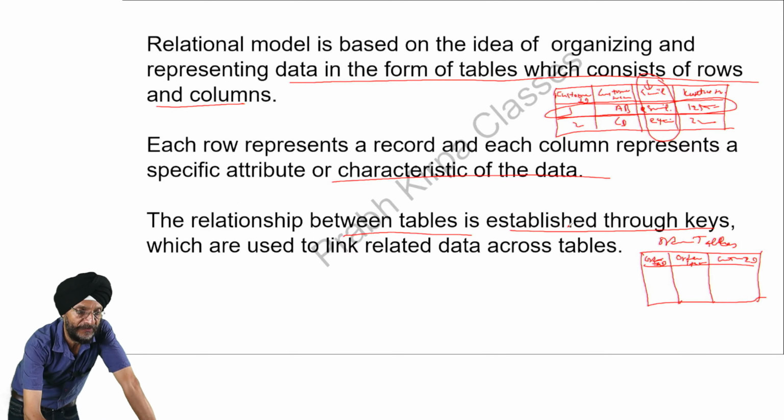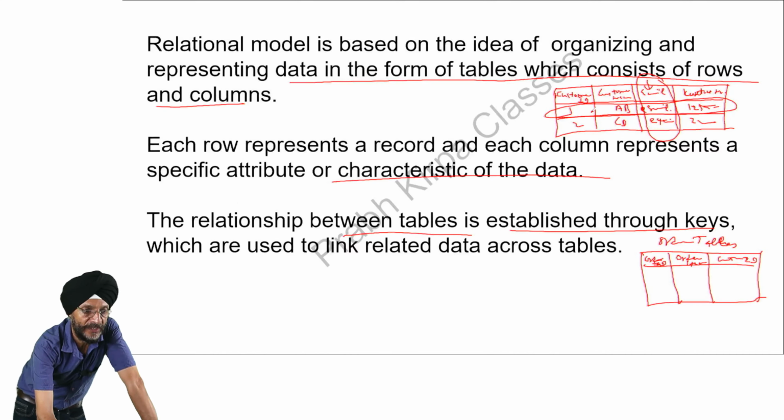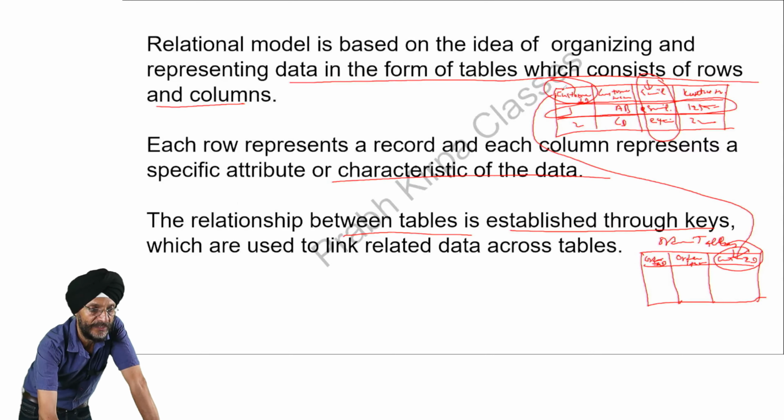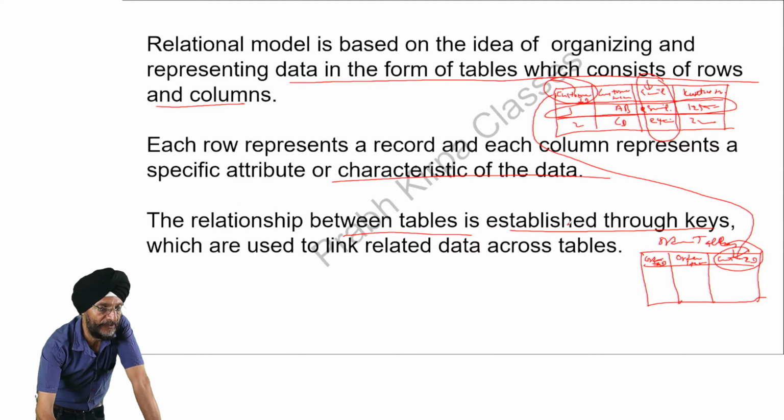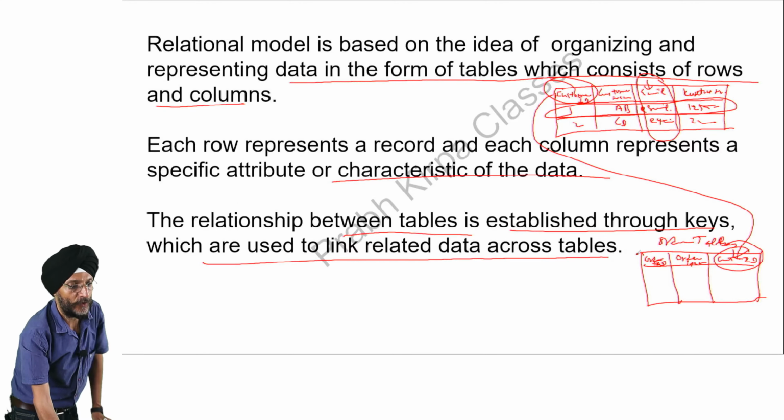So the relationship between tables is established through keys. Here you can see the customer ID in one table, the customer table. This is the order table. So this table is related with this table in the form of keys. Here it is the primary key, and in the other table it is the foreign key. Keys are used to link related data across tables.